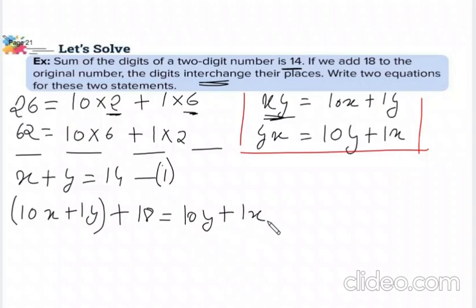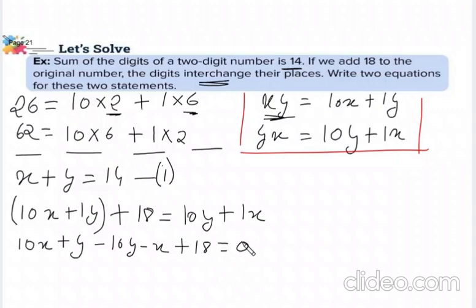Now, what will be my next step? If I open the brackets, I'll get 10x plus y minus 10y minus x, and plus 18 also, equals 0.